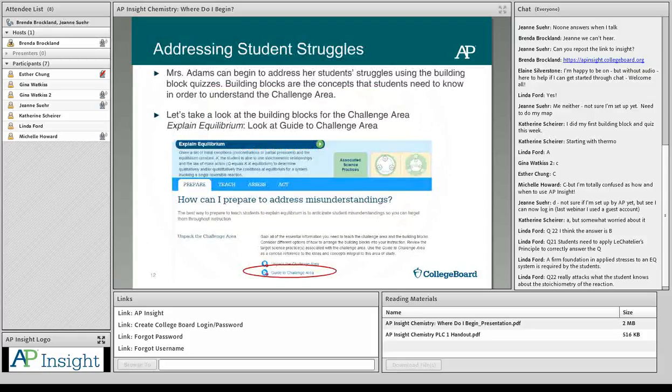So what we're going to do is sort of refresh our memories. Why don't you guys go to the AP Insight page, and we're going to find the guide to the challenge area for this Explain Equilibrium section, which, if you remember, is under the tab Prepare. And the hope will be that you can all get it and open it. Hello?